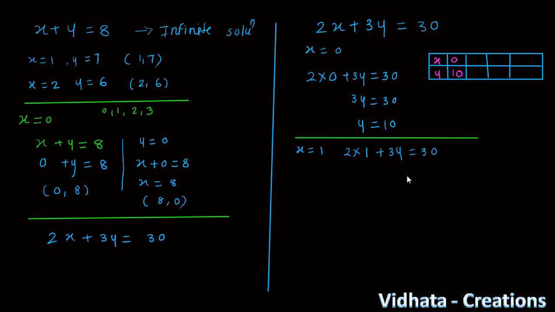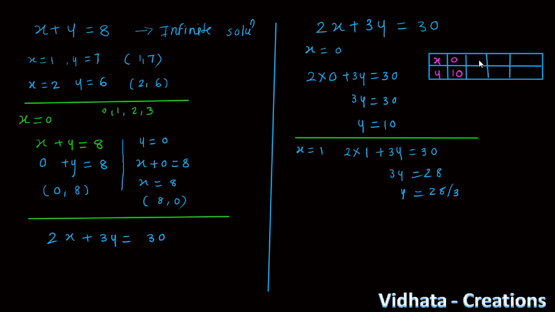That way I will get 3y is equal to 30 minus 2, that is 28, and I will get y as 28 upon 3. Like this you can find the value and write it in this form.